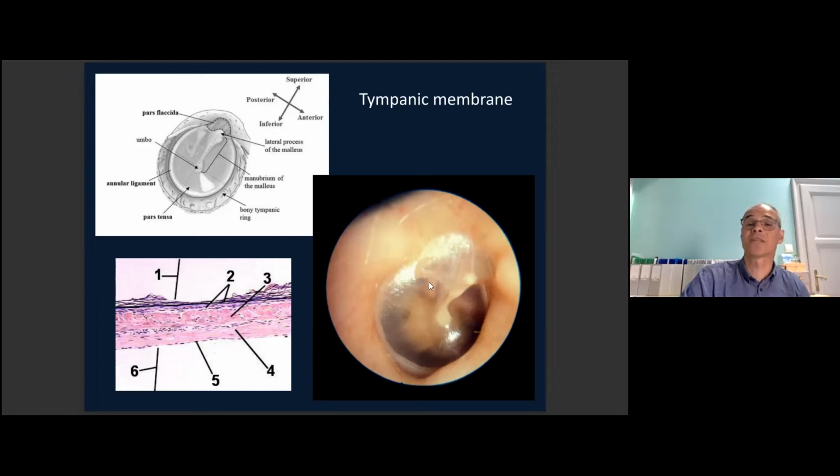In this case, you can say, okay, this is the beginning of the atelectasia without any retraction, but this is a case of a bad chronic malformation of the auditory tube.